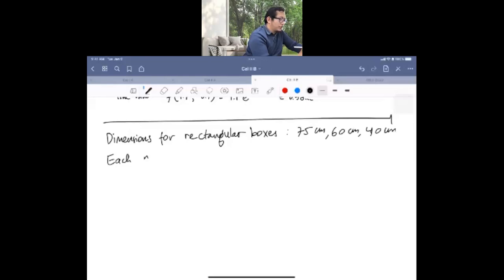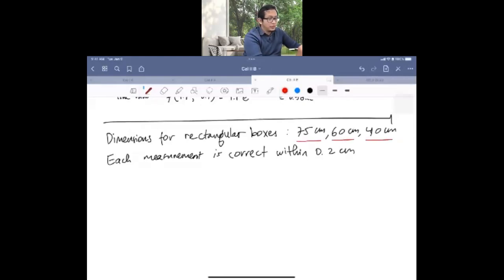Each measurement is correct within 0.2 centimeter. So we have three measurements, 75, 60, and 40, and another value, 0.2, which is the error.